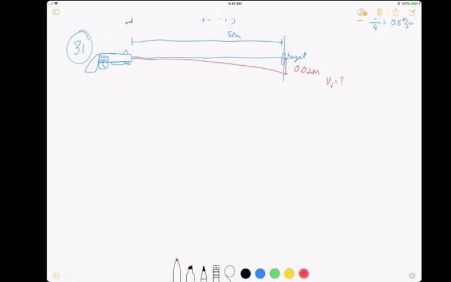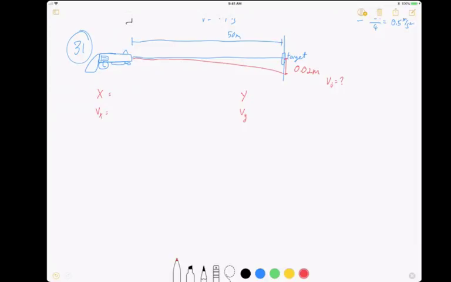Okay, so this question sounds super difficult, but it's actually not as bad as it seems, because there's a trick here, and the trick is that the x and vx evolve separately from the y position and the vy position.